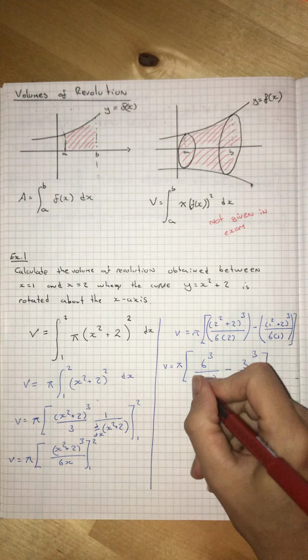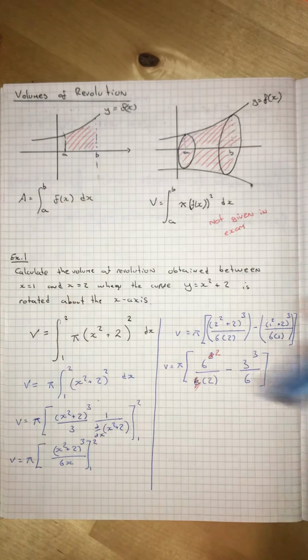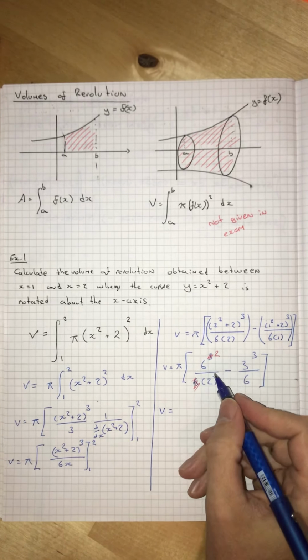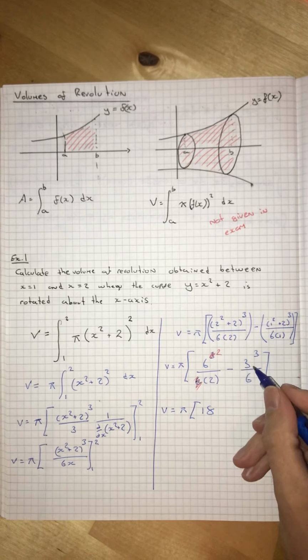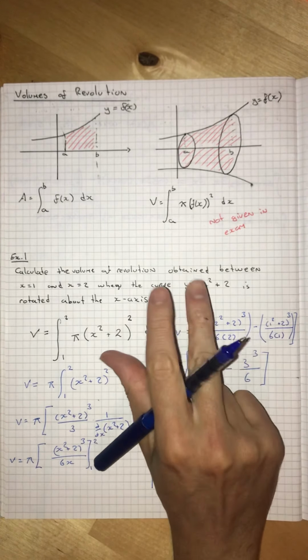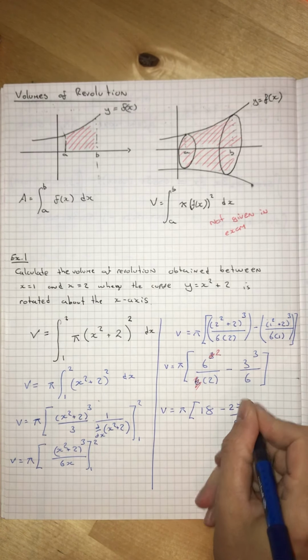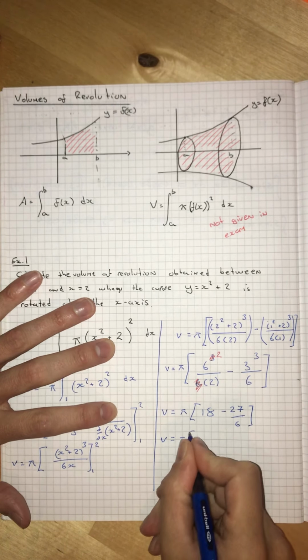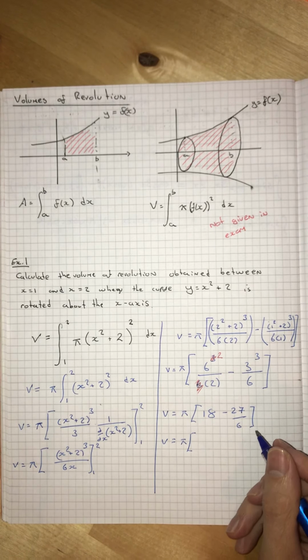6 cubed divided by 6 means we can just get rid of that one and change that to 6 squared. So volume equals 6 squared over 2, which is 36 over 2, which is 18. 3 cubed, 3 times 3 is 9 times 3 is 27. 27 over 6 is 4.5.